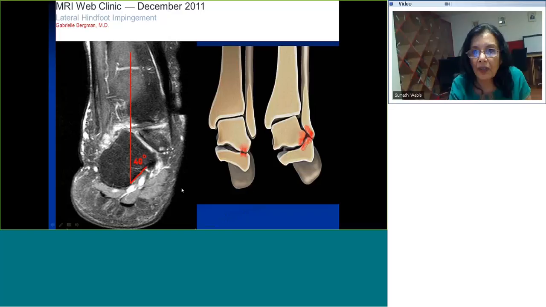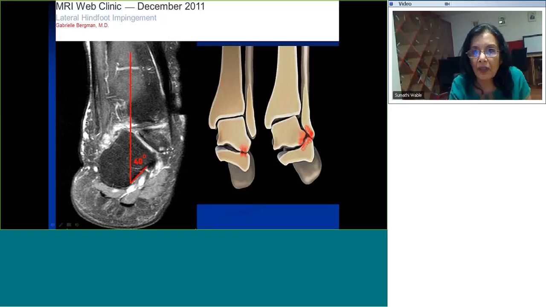Just to show you how this happens, typically in normal alignment, between the lateral process of the talus and the calcaneus, there should be a small gap. Once the posterior tibial tendon tears, there's nothing holding the calcaneus in place, and it starts rotating laterally and impinges on the lateral process of the talus, and you can get marrow edema.